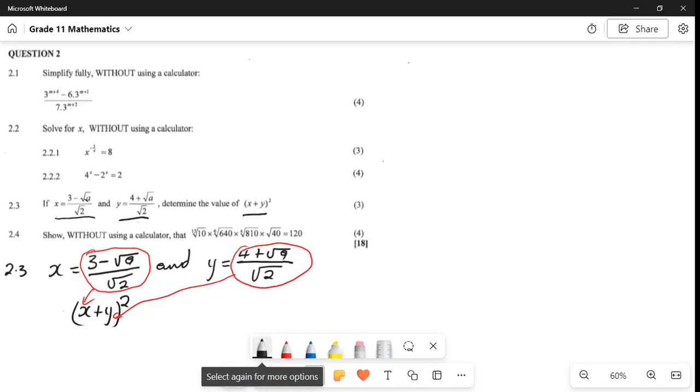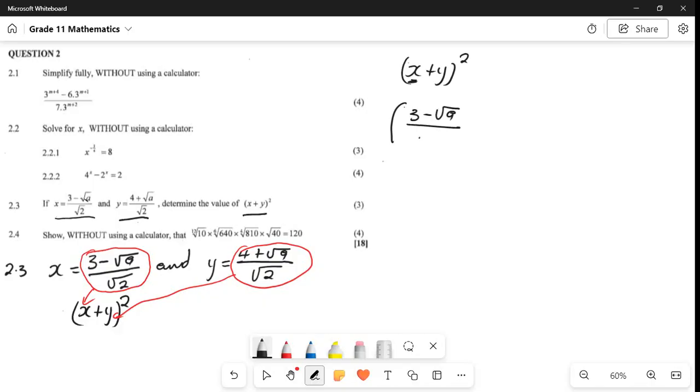We are substituting into (x plus y) all squared. So what is x? x is 3 minus square root of a all over square root of 2. And we have this plus, we put it here.